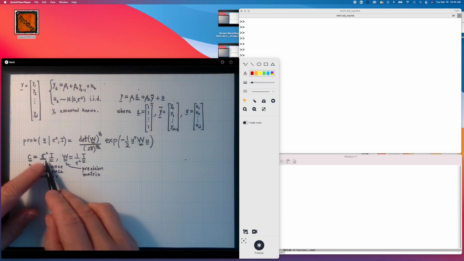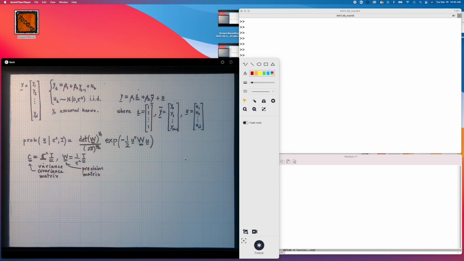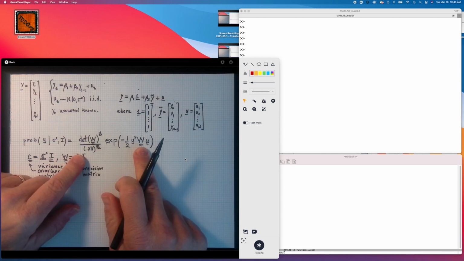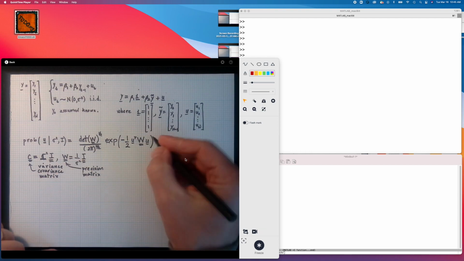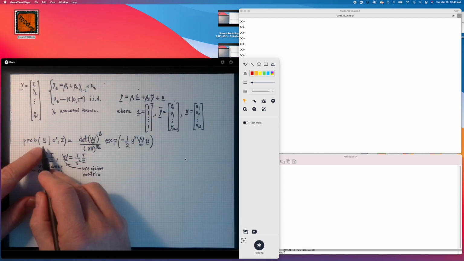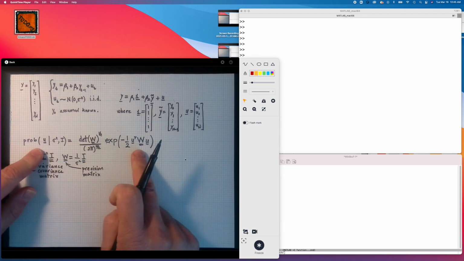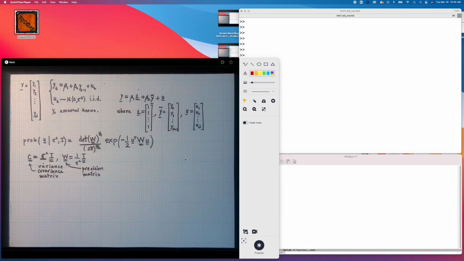So all we're left with are the variances which appear down the main diagonal. This means that the probability distribution can be factored as just the product of univariate normal distributions for u1 multiplied by the univariate distribution for u2 and so on. And the fact that it can be factored is another way of saying that the u's are independent from each other.